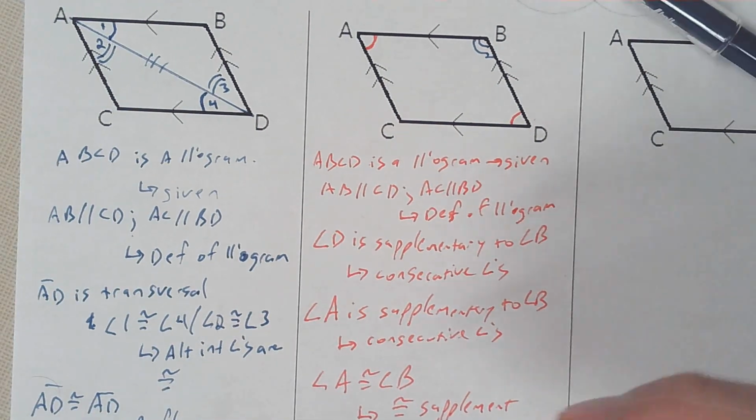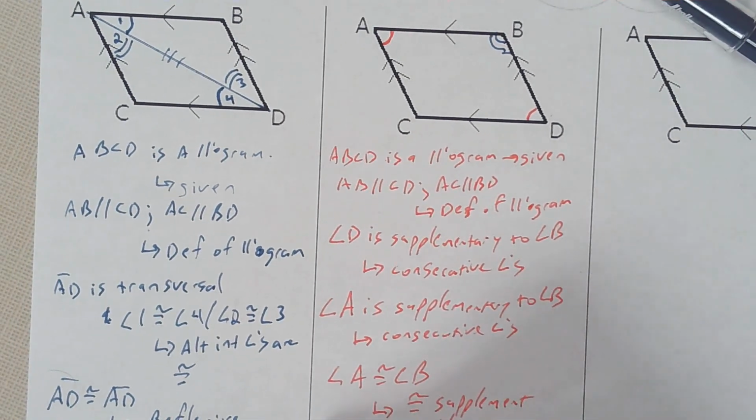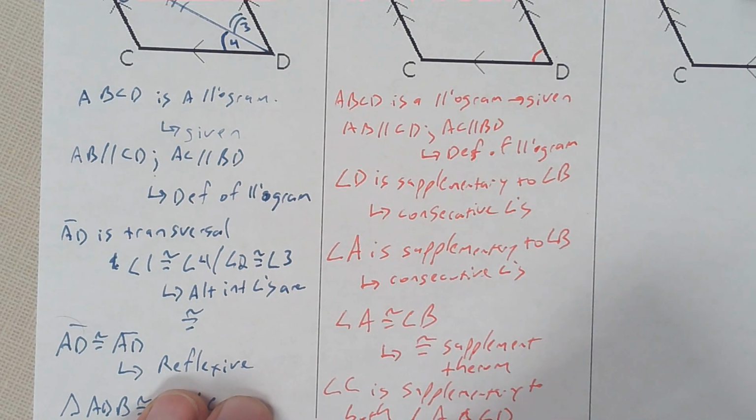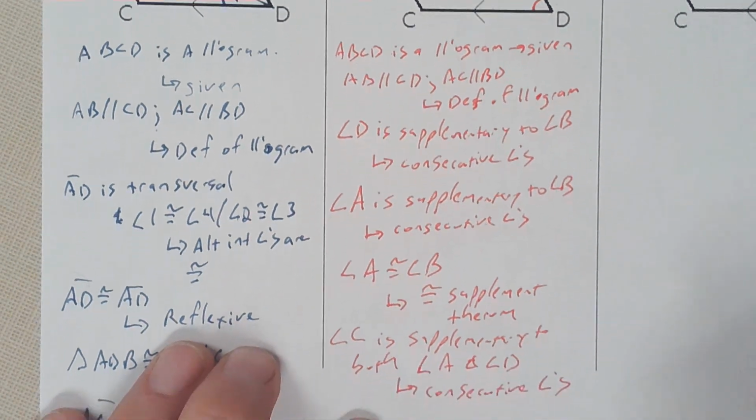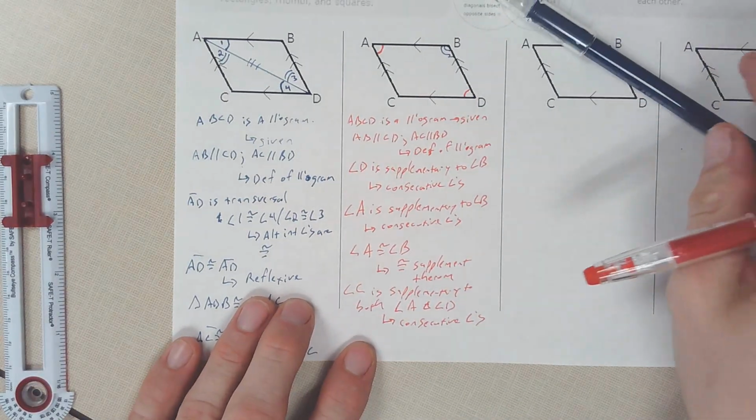And then you can say that angle C is supplementary to both angle A and angle D because they're consecutive angles. Let me zoom out a little, right?